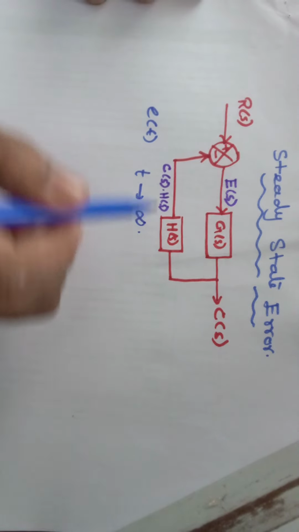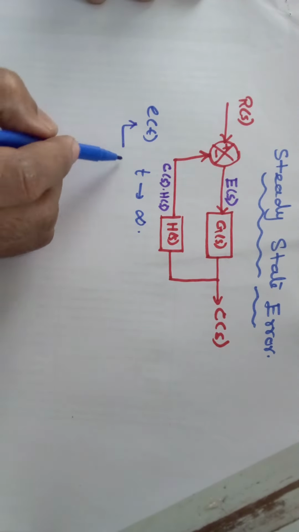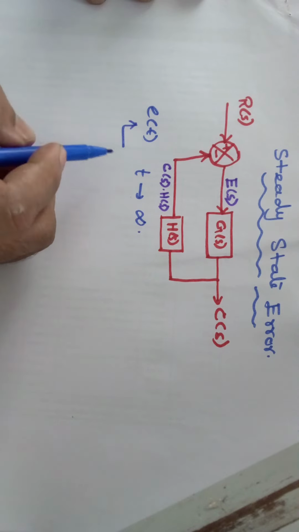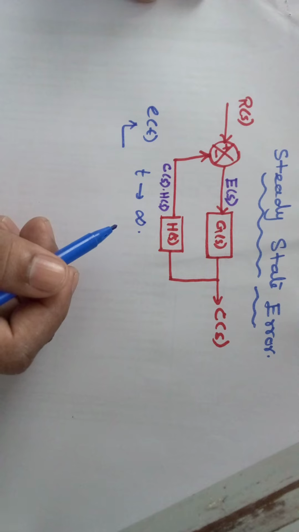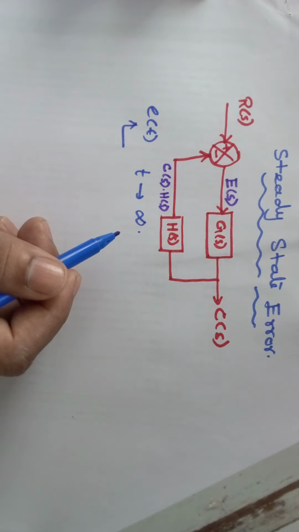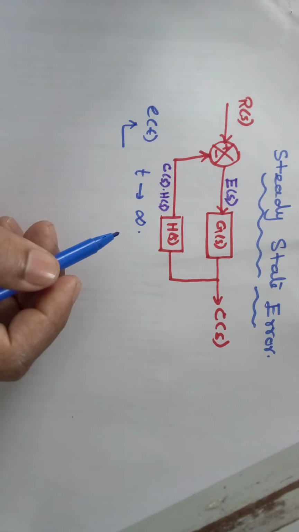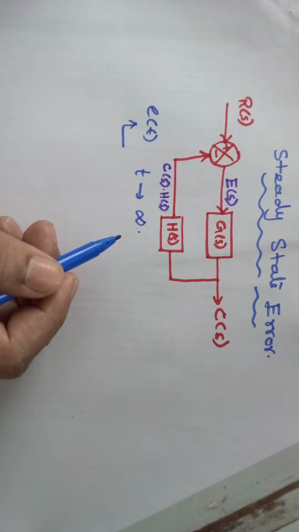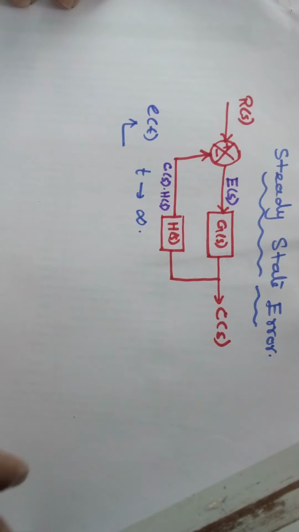Actually, this steady state error is a measure of system accuracy. Based on the value of the steady state error, we will come to a conclusion about the system accuracy. These errors arise from the nature of inputs, because you will be applying different inputs to any system, and therefore the nature of the system input that you are applying will decide the amount of steady state error.